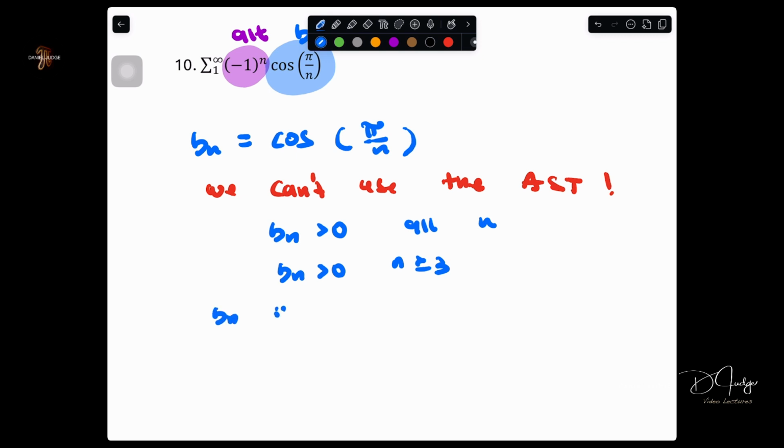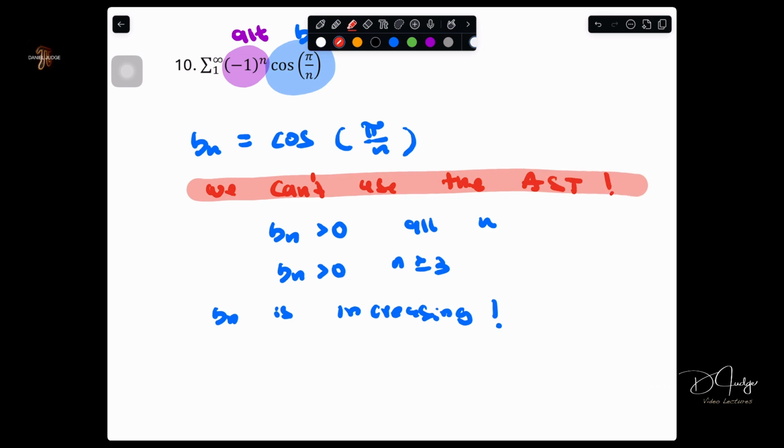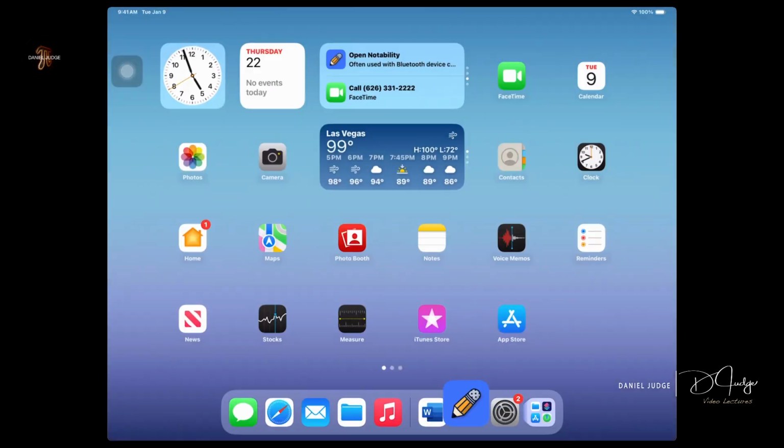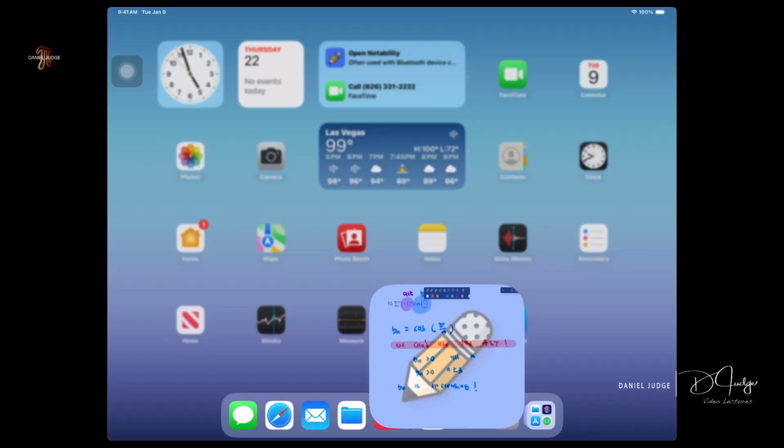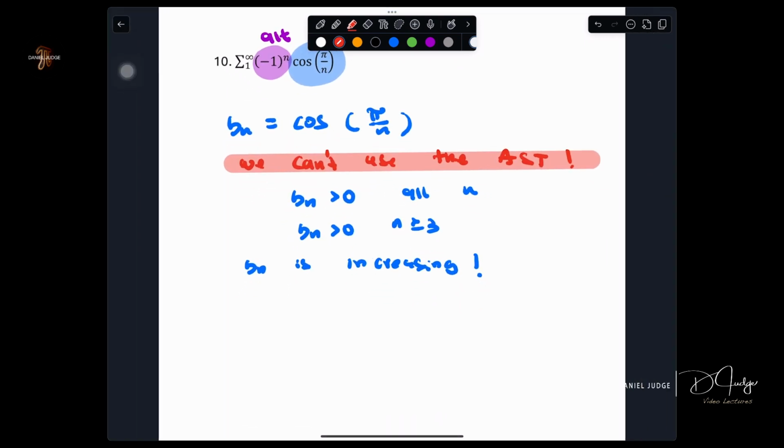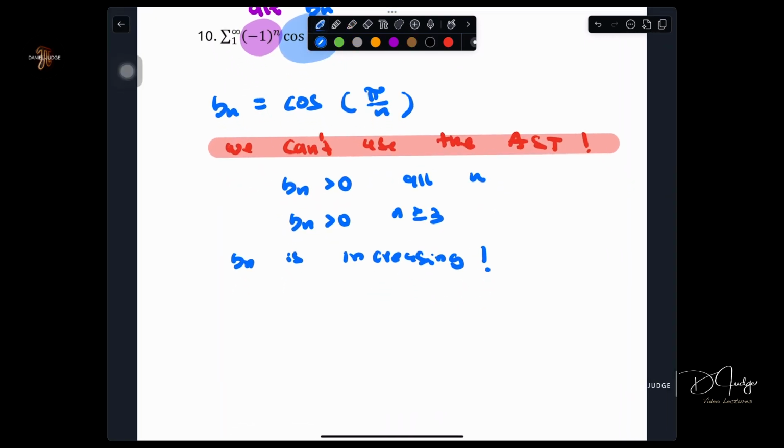So Bn is actually increasing. So we cannot use the alternating series test. Take a look at this again, just to emphasize that.